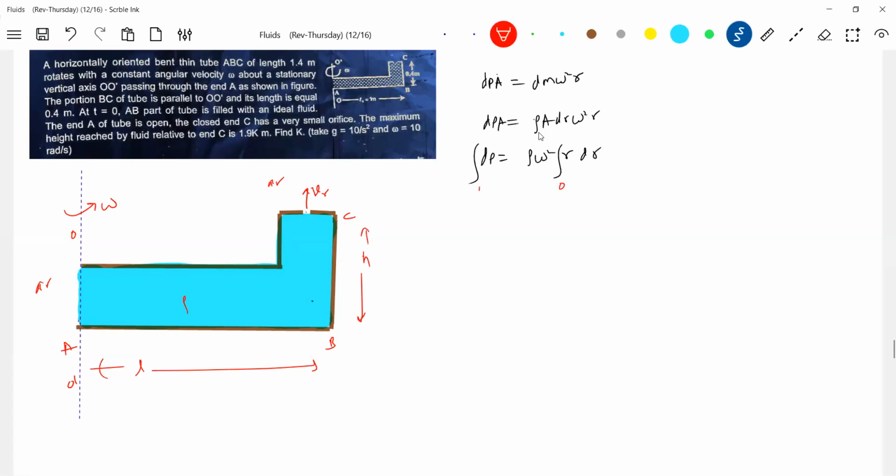At r equals 0, what is the pressure? P naught. At a distance L, let the pressure be PB.